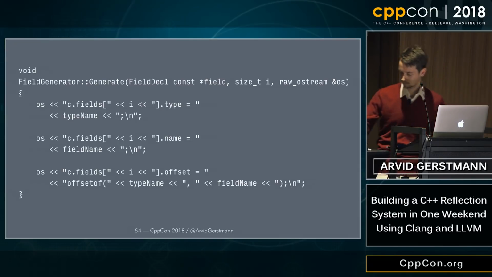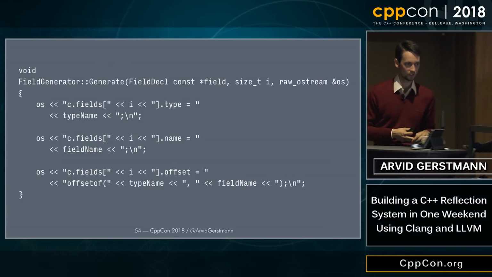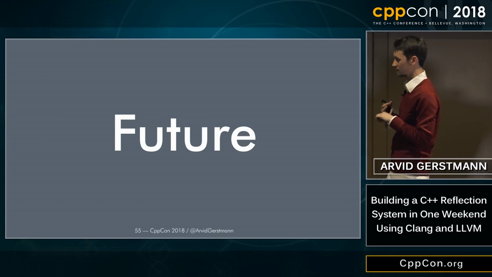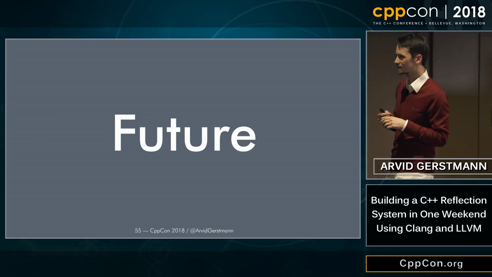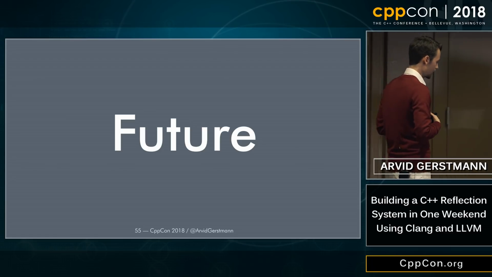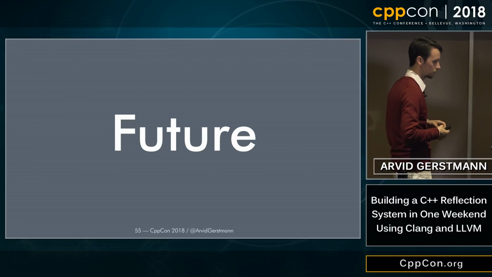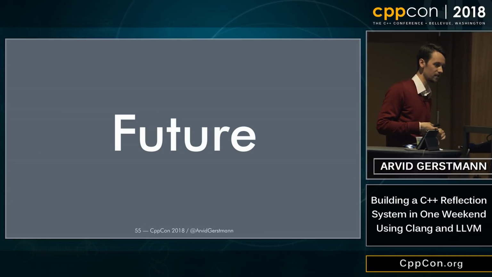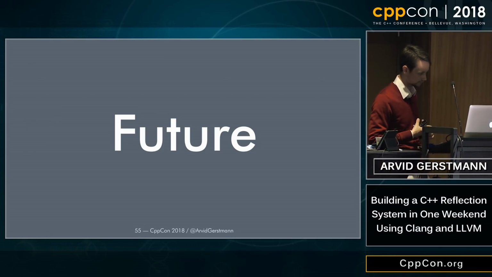All right, so with that in mind, we can take a look at the future. This is great, but it's a little similar to what we have already in C++, and in that, it's creating overhead we might not want or we might not like. It's a little similar to typeid, and Arvid mentioned that earlier today as well.